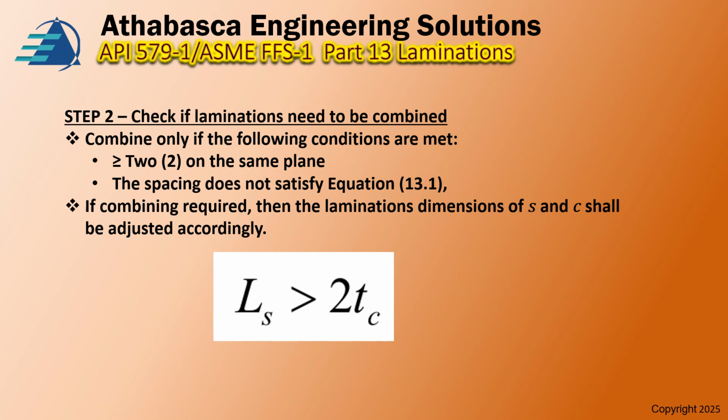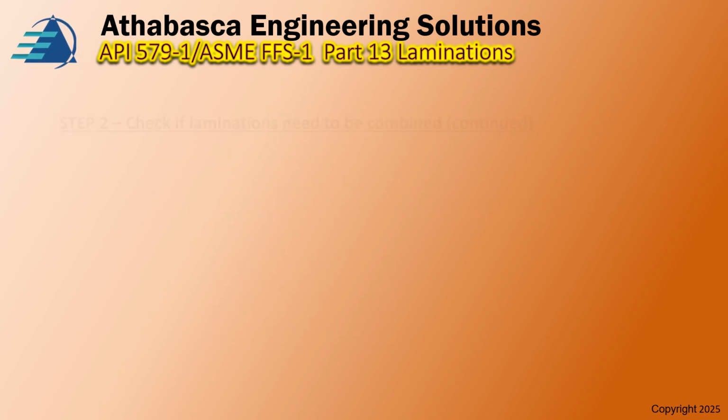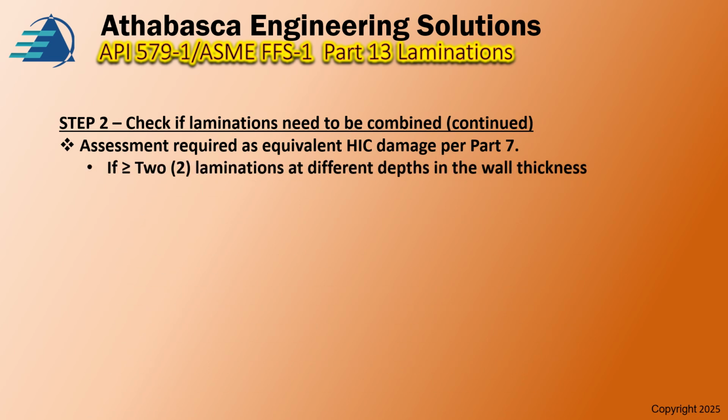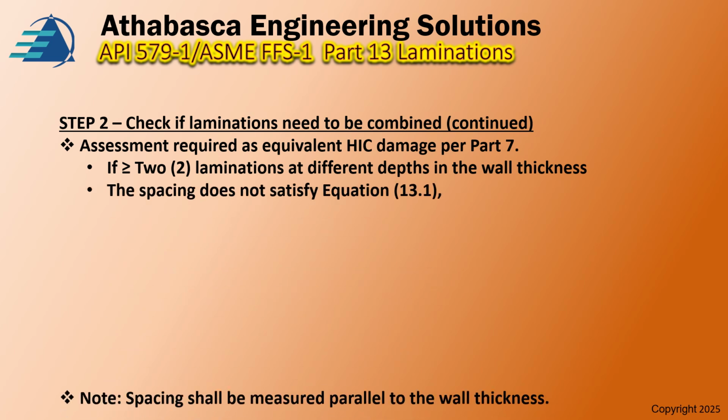If combining is required, then the lamination dimensions S and C shall be adjusted accordingly. Items to check whether they need to be combined: the assessment required as an equivalent HIC damage per Part 7 if we have more than two laminations at two different depths of the wall thickness, and if the spacing does not satisfy 13.1, which was shown in the last table.